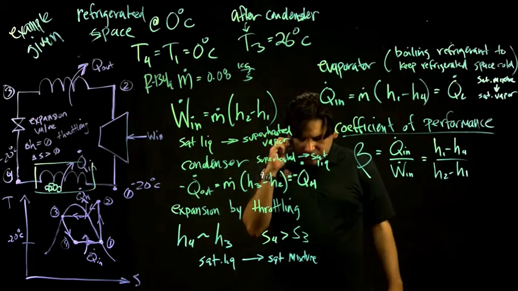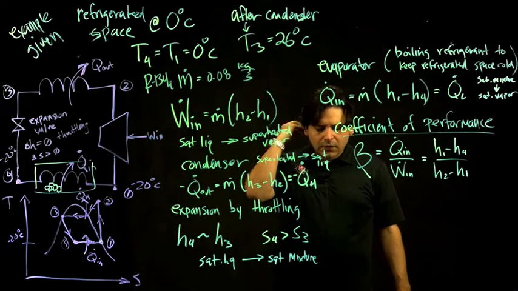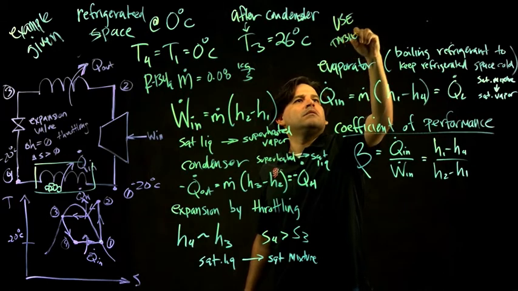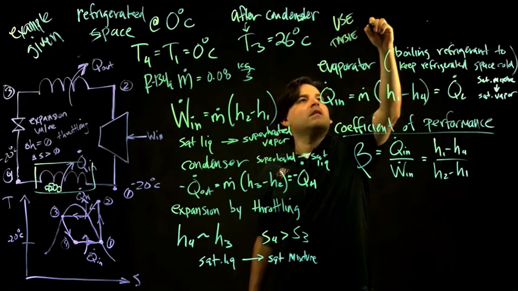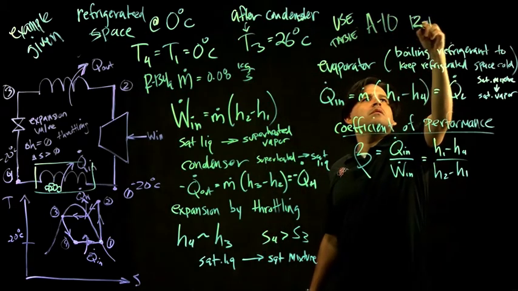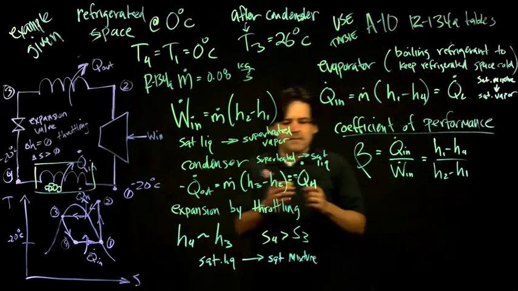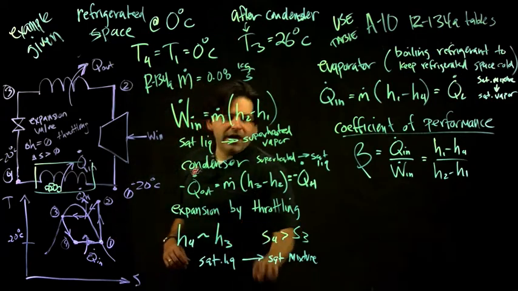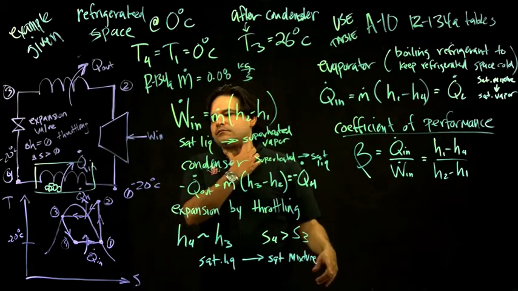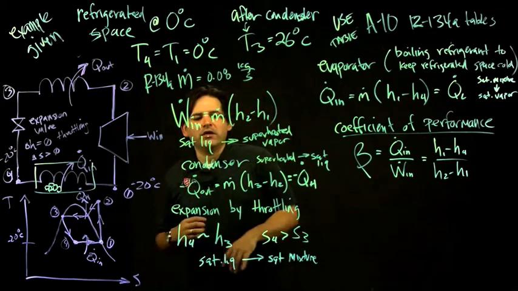What we'll do is look at the tables, use Table A10, the R134A tables, to get the enthalpies that we need, and maybe the entropy, so that we can analyze the coefficient of performance or any other part of the analysis.